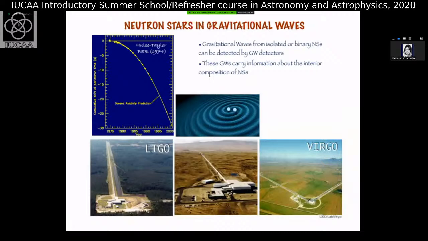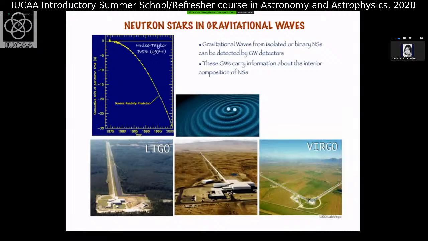Motivated by this discovery, and with the rapid technological advances, several gravitational wave detectors were built across the globe. As you can see, the LIGO detectors and the Virgo detector at the bottom. The LIGO detectors at the Hanford and Livingston sites in the US, and Virgo at the Italian-French border.